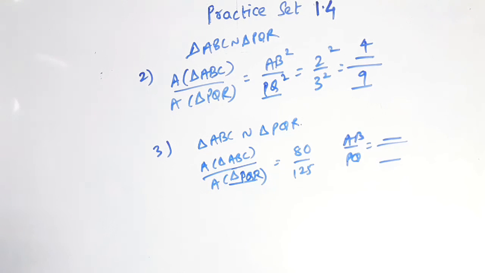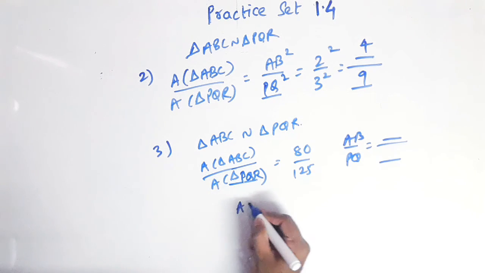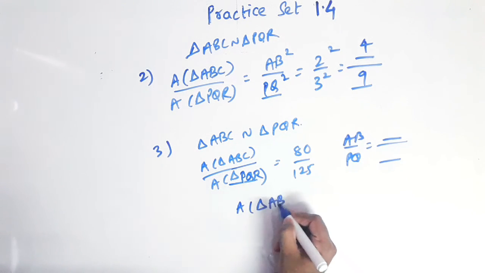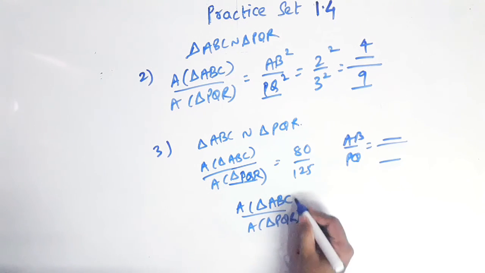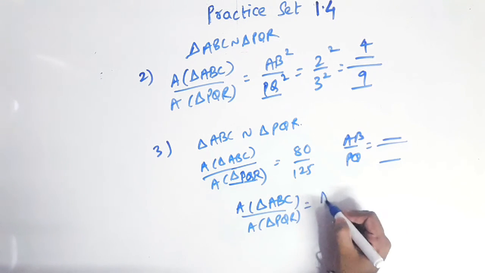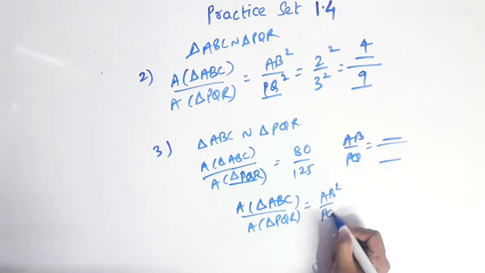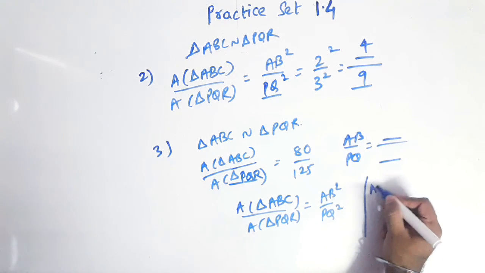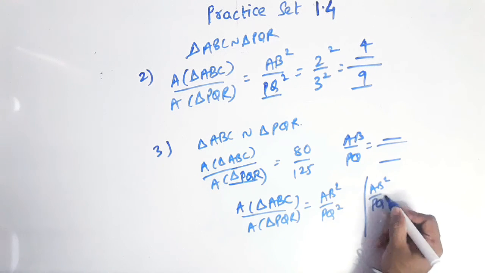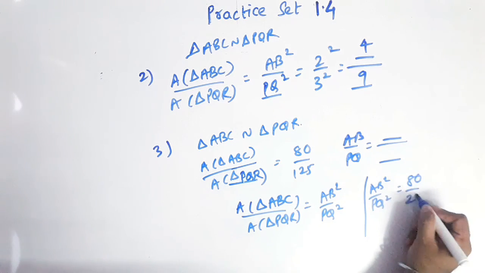For that we have to solve: area of triangle ABC upon area of triangle PQR equals AB square upon PQ square. That means AB square upon PQ square equals 80 upon 125.